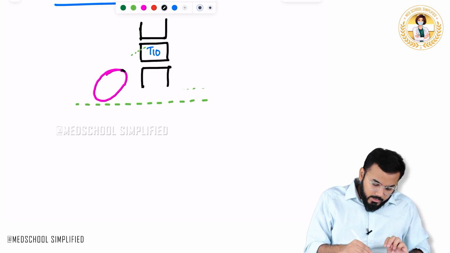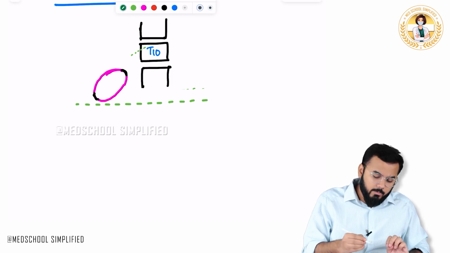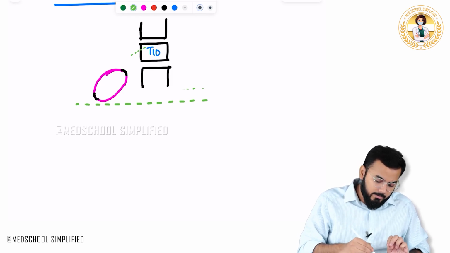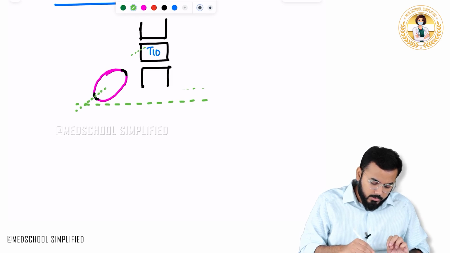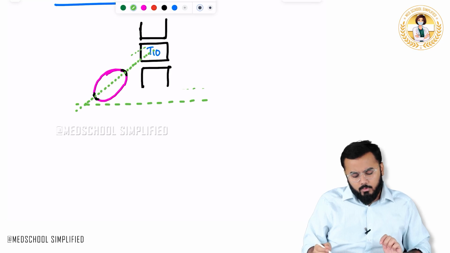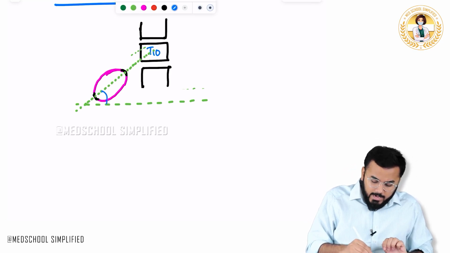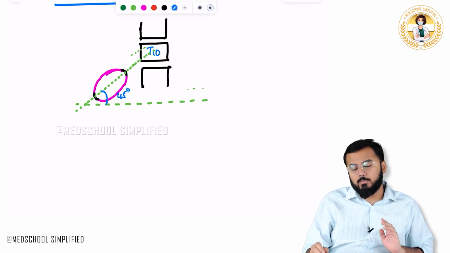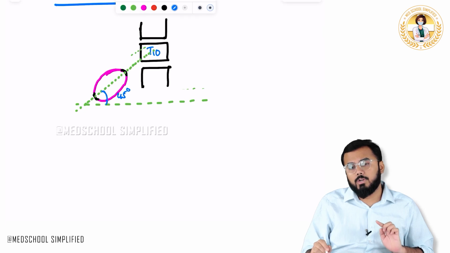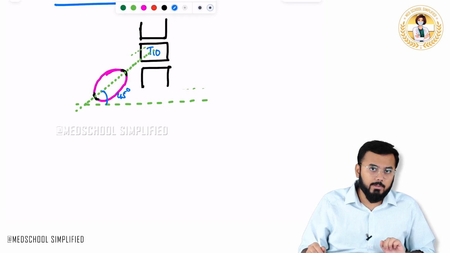With the black I'm drawing here, this is called the anterior pole, this is called the posterior pole. Touching both the poles, I'm drawing another line. Now, if I try to make an angle between both of them, the angle here will be around 45 degrees. So, can I tell that the spleen is making an angle of 45 degrees with the T10 vertebra?